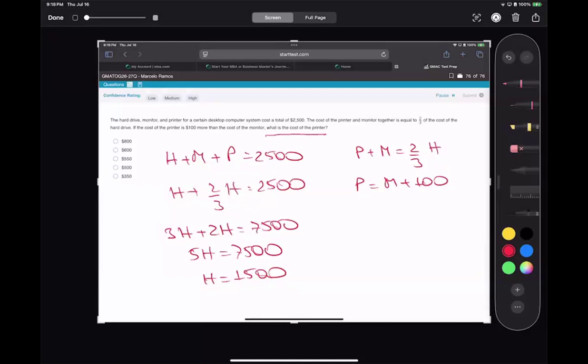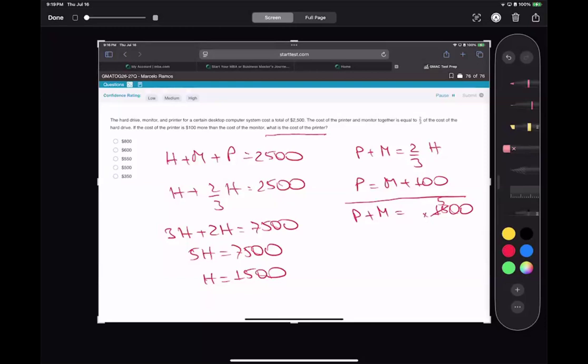Look what I'm going to do, I think it is the best way. P plus M is 2/3 of H. Do you guys agree? 2/3 of 1,500: 15 divided by 3 is 5, times 2 is 10, so 1,000.